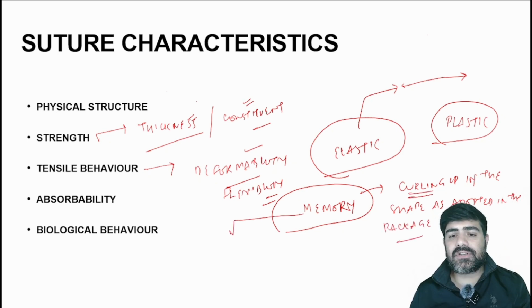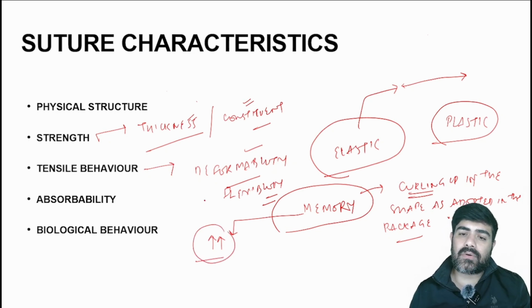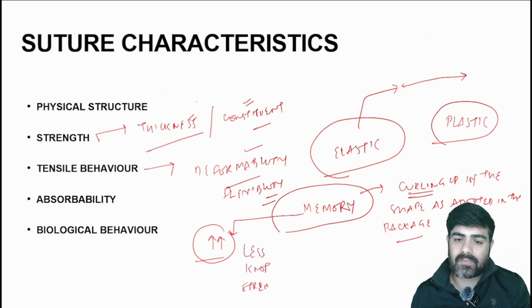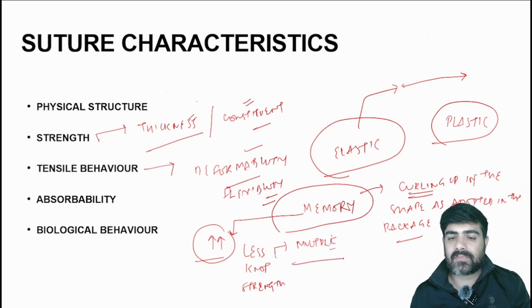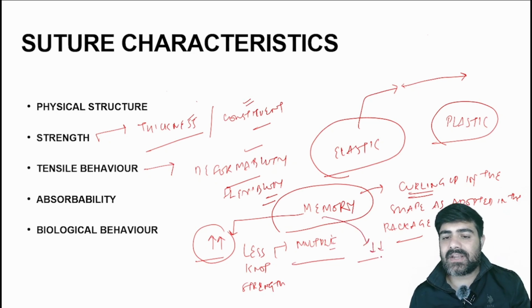If the suture has more memory, that means whenever you pull the suture, it curls up again to the original shape, so there will be less knot strength. Then what you have to do is place multiple throws of knots. Whereas in those cases where there is less memory, knot strength is better.